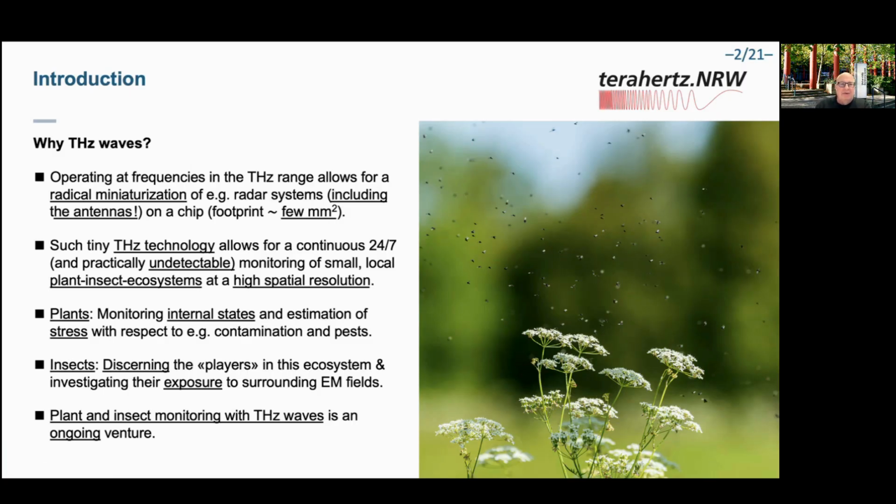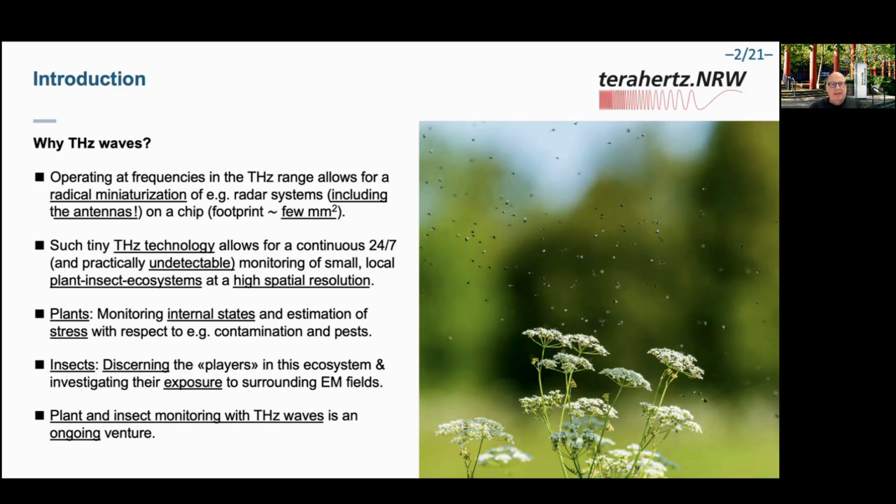When operating at such high frequencies, that allows for a radical miniaturization of even comprehensive systems, like a radar system that might also include the antennas, on a chip, and such a chip would have a very small footprint of only a few square millimeters. And on the other hand, it's also very lightweight.